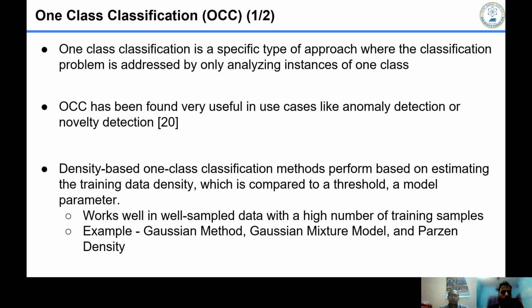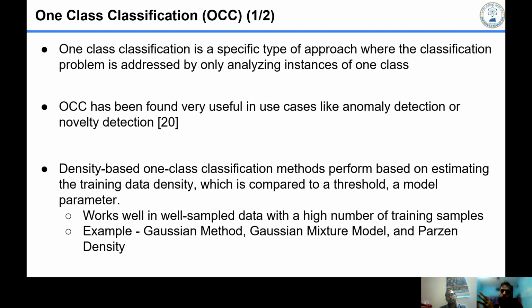The other very popular method to handle class imbalance is one class classification. This is a specific type of approach, where the classification problem is addressed by analyzing only one type of instances.